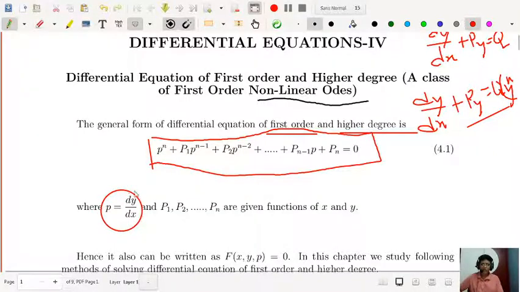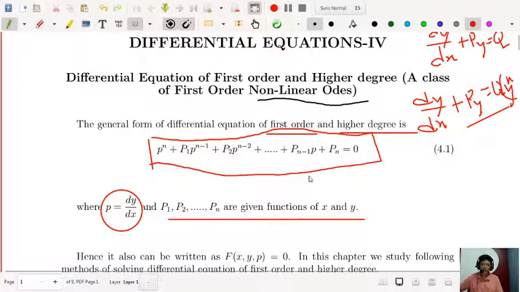That means your leading term is of nth degree in dy/dx, and the next one is P1 (dy/dx)^(n-1), and the next is P2 (dy/dx)^(n-2), and so on, where P1, P2 are given functions of x and y.